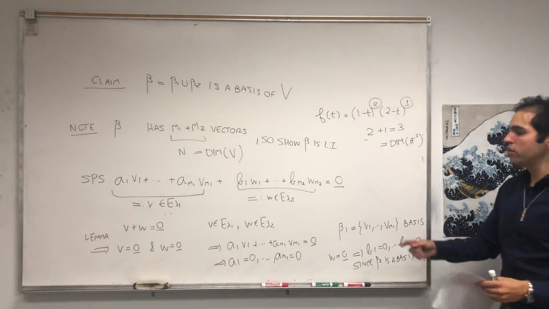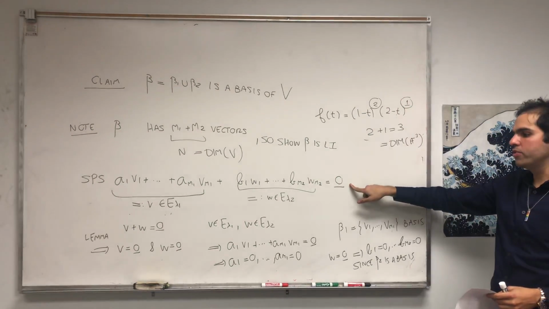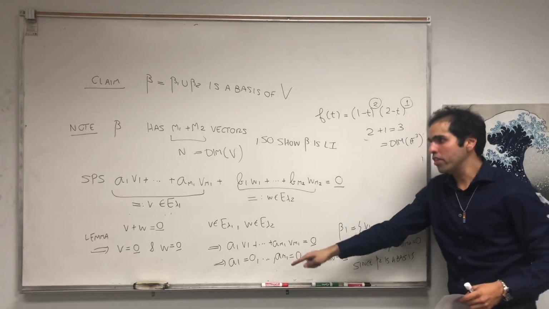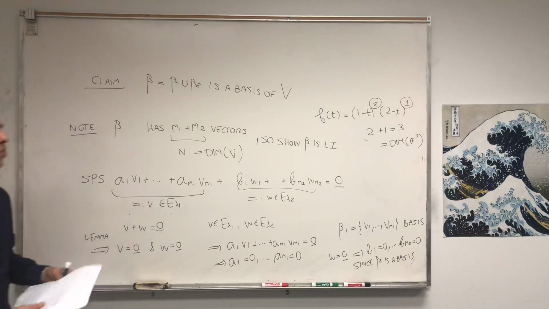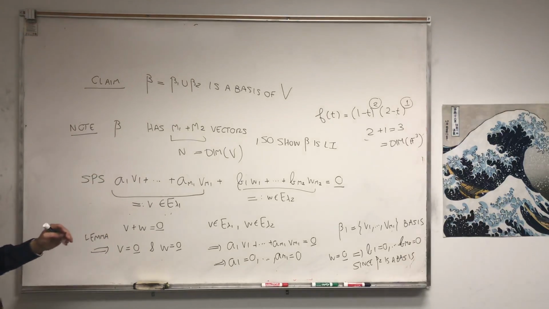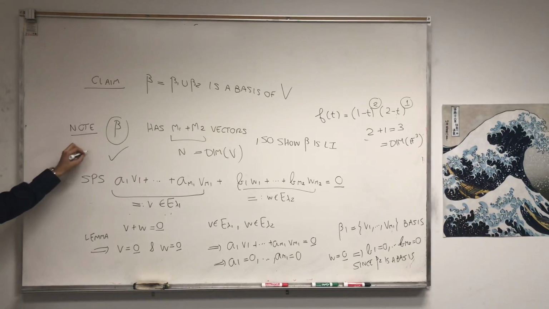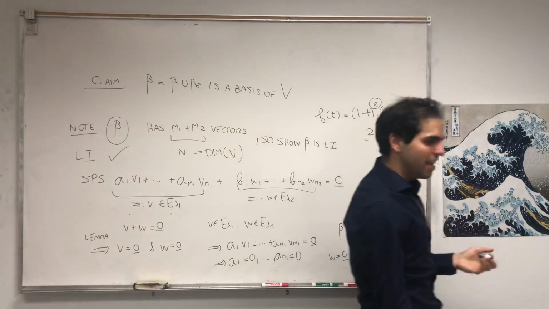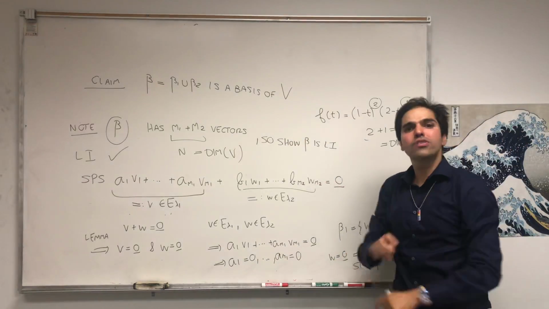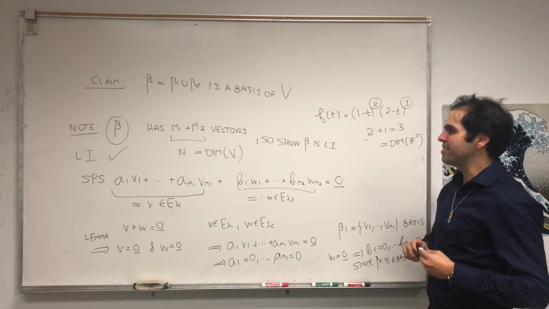So what can you conclude? You supposed this humongous linear combination gives you 0, and you have shown that each of those coefficients is 0. So in particular, this huge set beta is automatically linearly independent. It is not a surprise that if you take all those eigenspaces together, you get a linearly independent set.